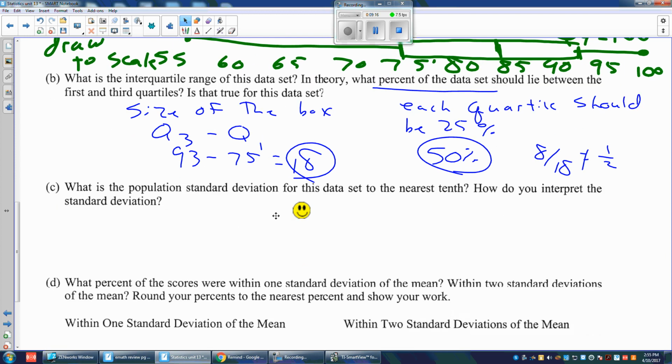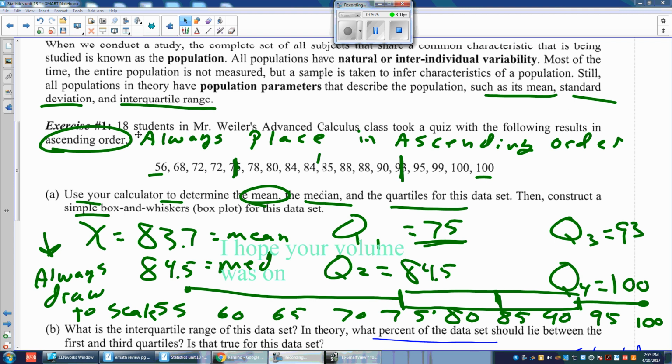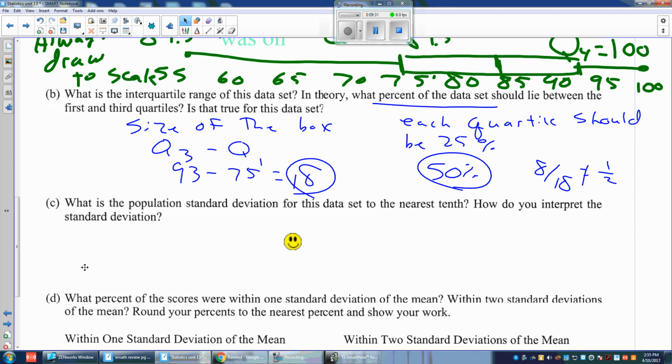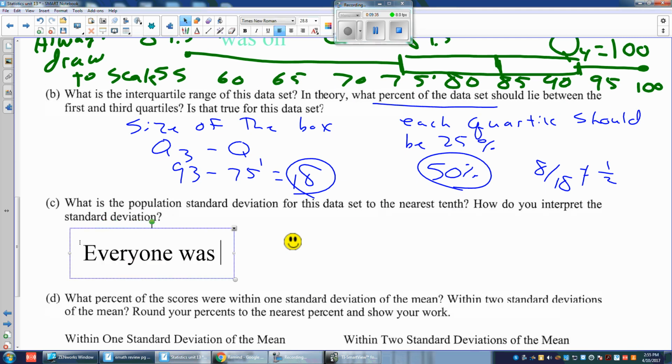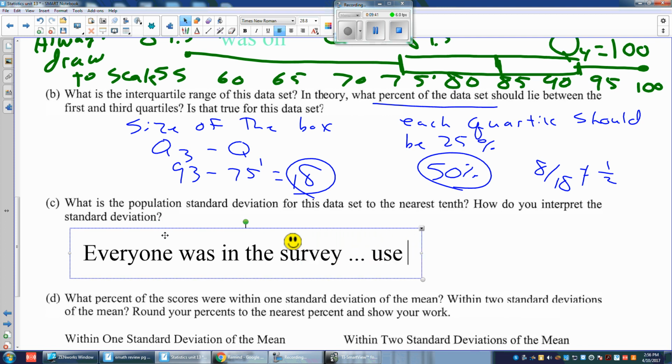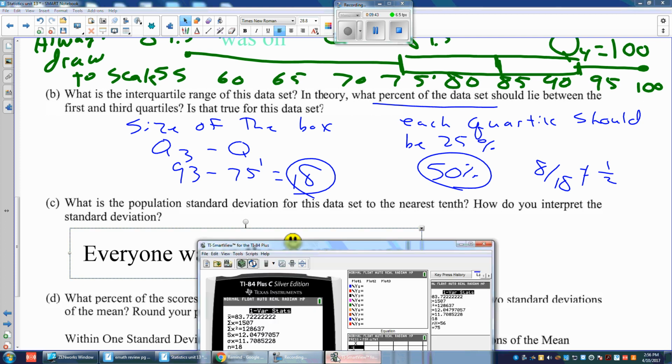So what's the population standard deviation for this set of data to the nearest tenth? Population standard deviation. So we go back to the class and we're saying, is this everyone or is this just a sample of it? Since this is everyone, we're not going to use the sample.